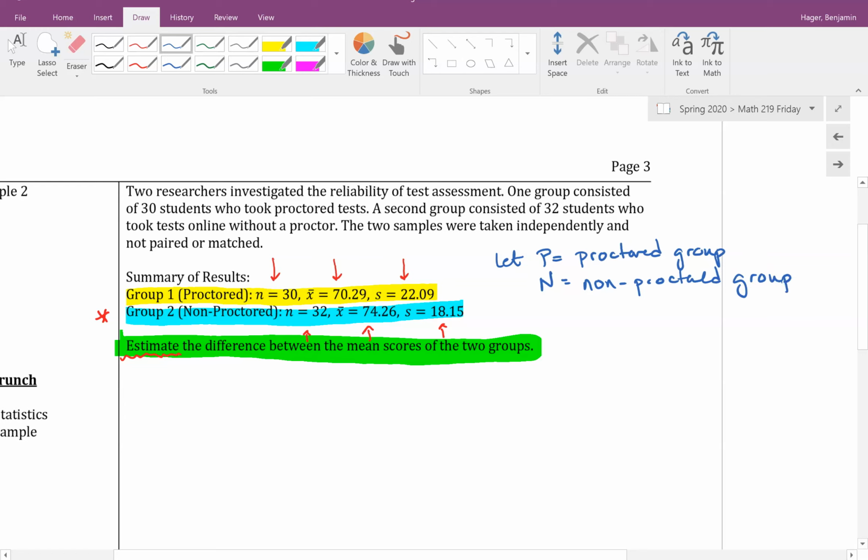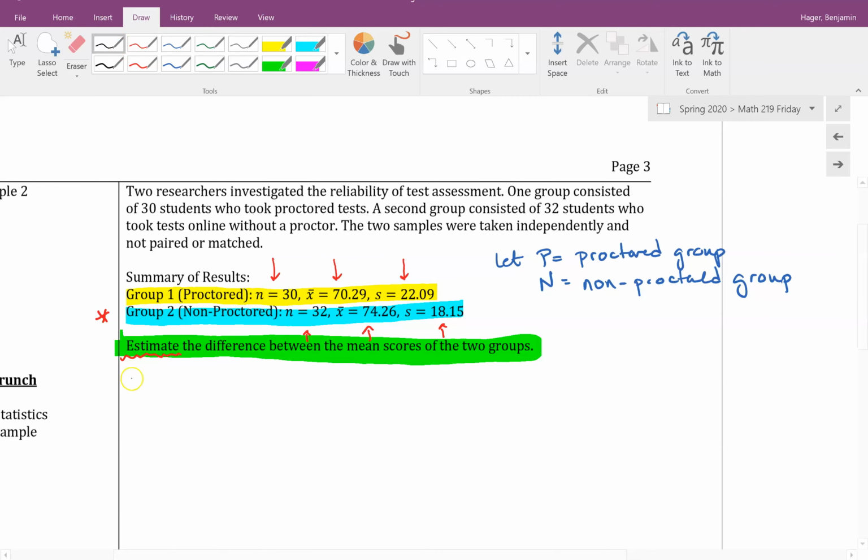I want to look at the difference in the mean from group P and the mean from group N. It doesn't really matter which one goes first. That makes no difference at all. So you and I could do that differently, and when it gets time to do step 5, we will have the same interpretation.